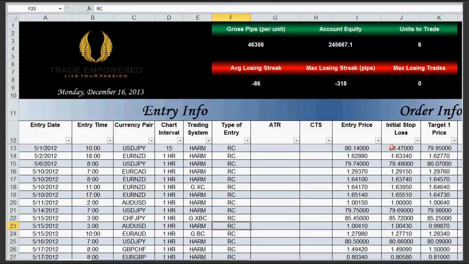So if you didn't record all of this information when you were doing your backtesting, then you won't have that field to access, but you can just plug in the information in the appropriate field. But there's no need now that you have this sheet to do your own backtesting sheet. Good question though, John.